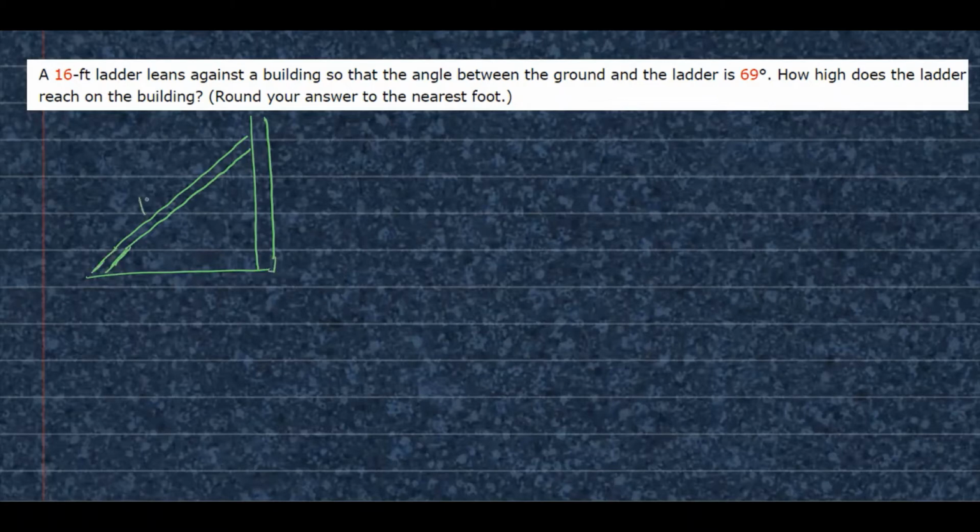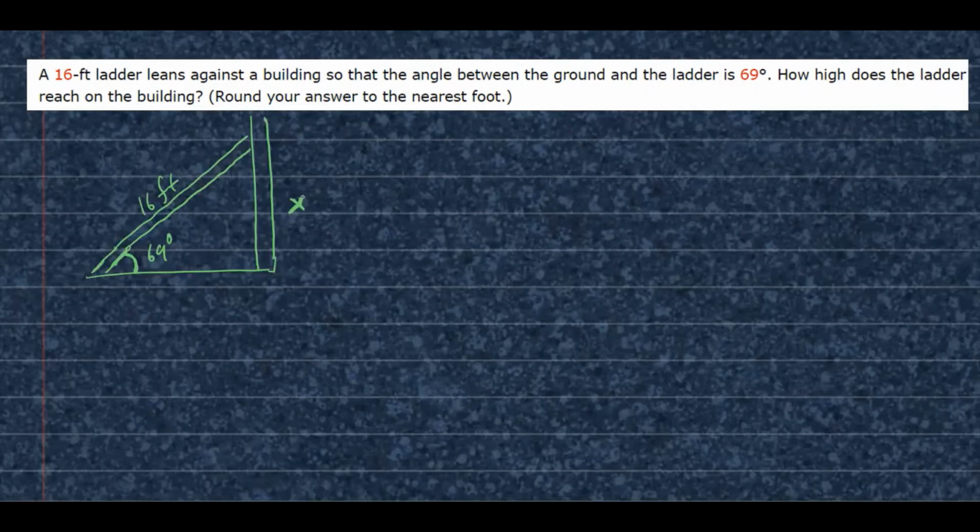So the ladder is 16 feet, it's leaning against the building, and the angle between the ground and the ladder, this angle, is 69 degrees. We want to know how high the ladder reaches on the building. This is what we're looking for.